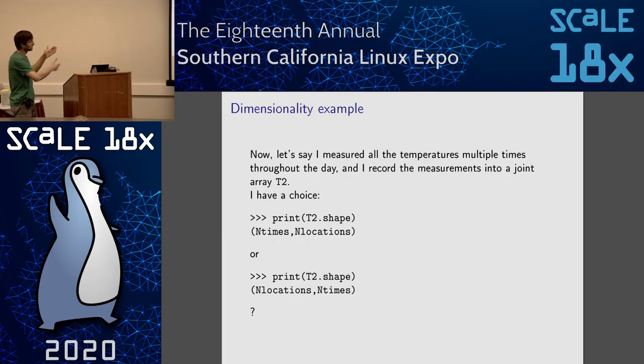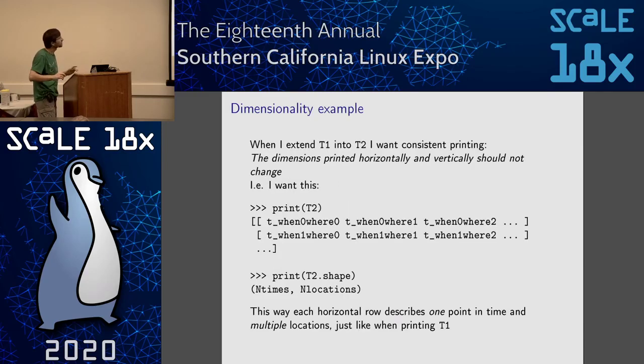So you have a choice. Do you have an object of shape n times and locations, or the other way around? If you were designing this, and you wanted to produce a system that was nice, whatever that means, you would want a couple things. One thing I would want is consistent printing. When I print T1, I get locations printed horizontally. So what I would like is that when I print T2, I still get locations printed horizontally.